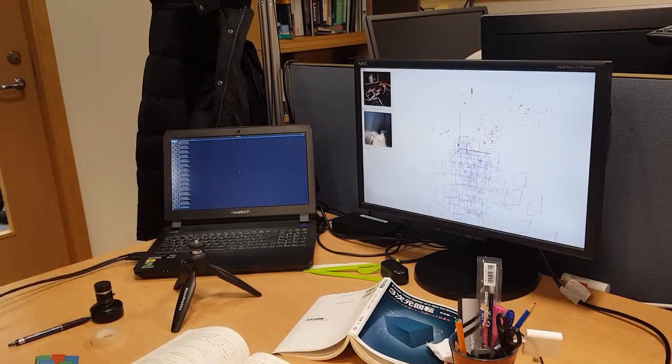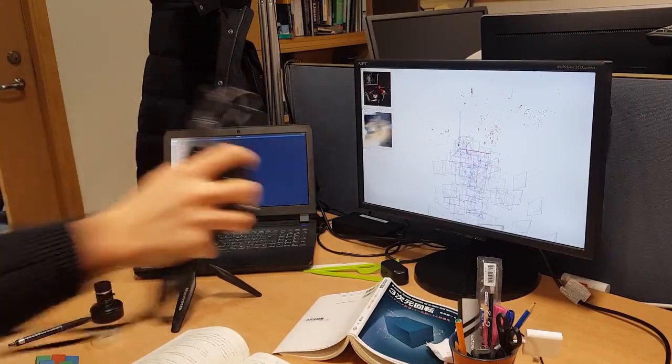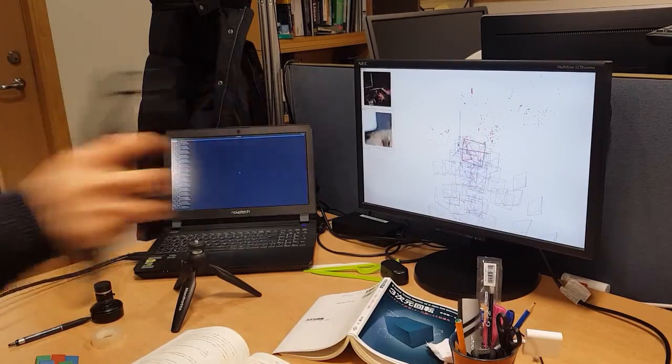As demonstrated, BitBio can operate even when the camera motion is violent.